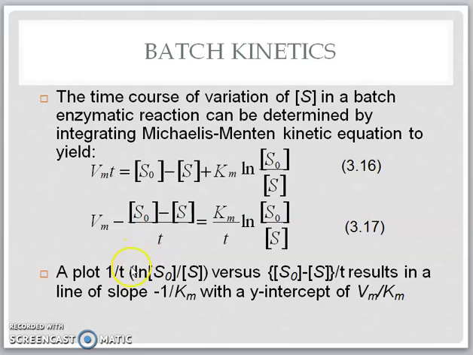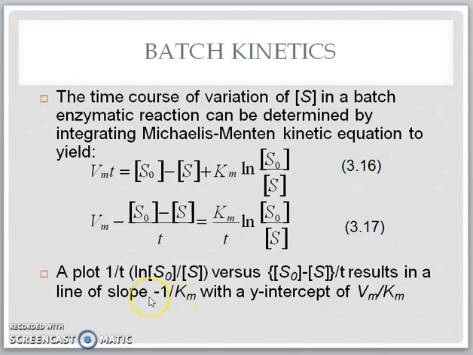From this graph, you may be able to identify the value of Km and Vm from the slope and the Y intercept. From the slope, you can find the Km value.